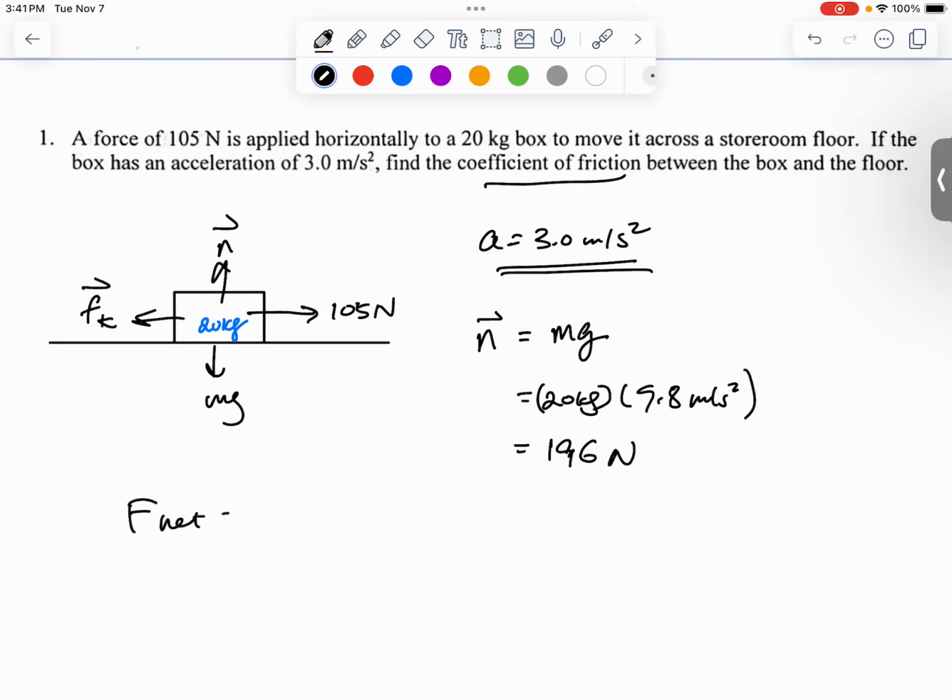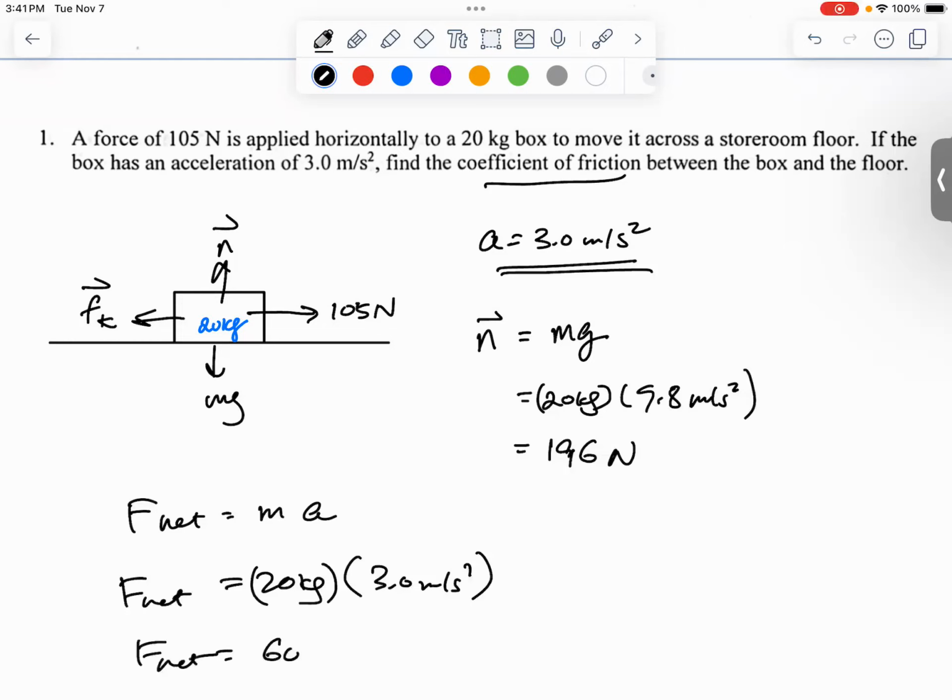If we have the mass and we have the acceleration, then we must be able to get the net force. And the net force here is going to be 60 newtons. Okay.